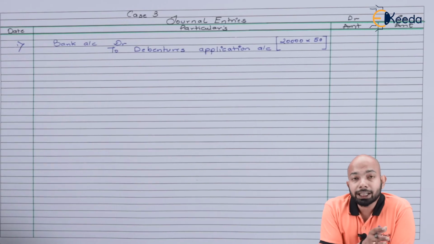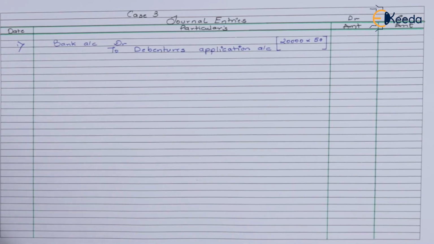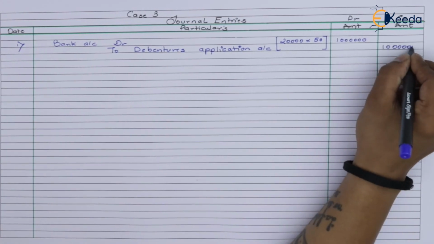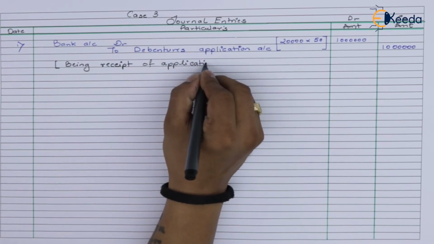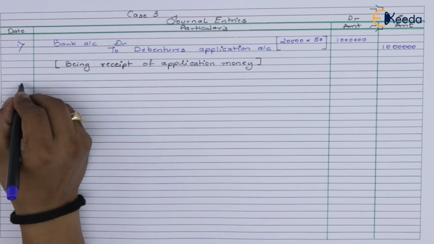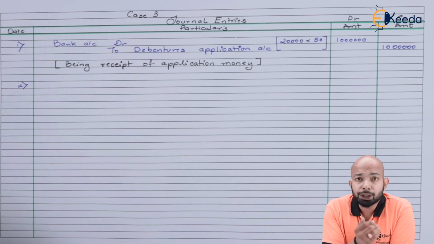So the total of application money was 50 rupees. Hence 20,000 multiplied by 50 is the application that we have received here. So application money, we have mentioned the details.